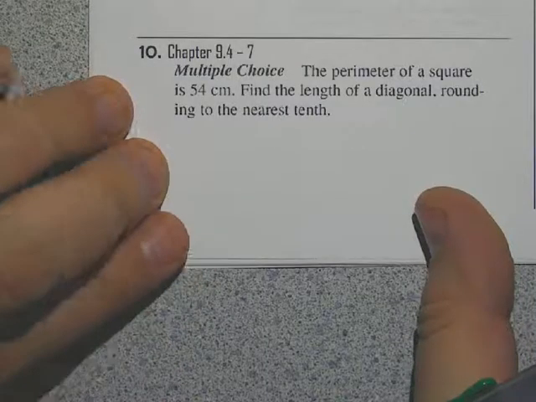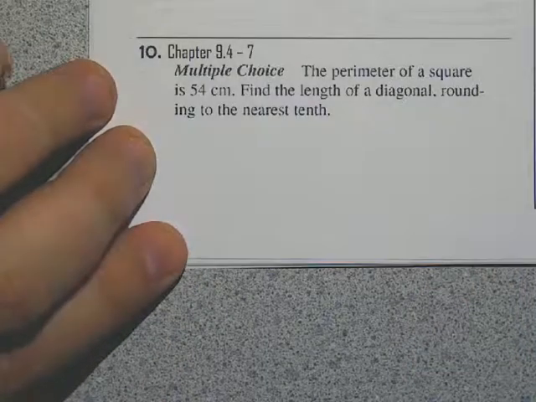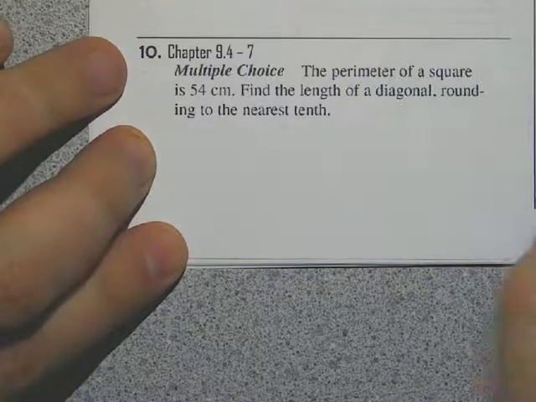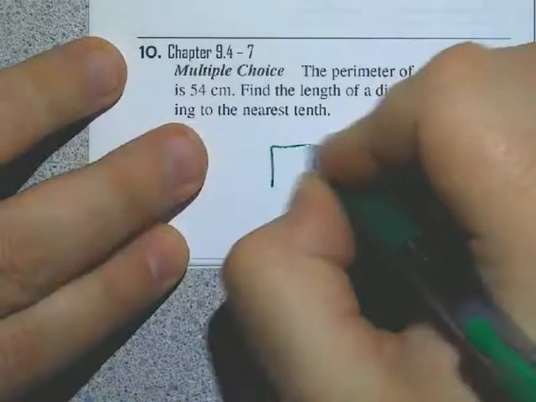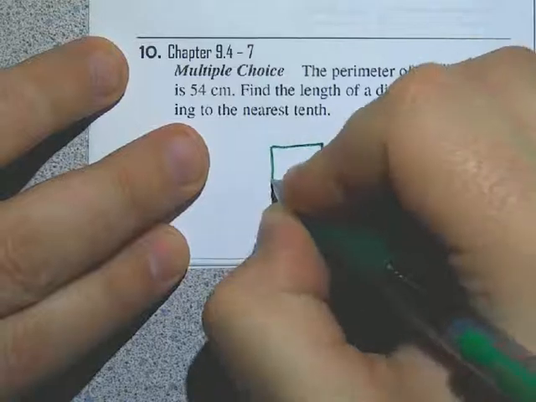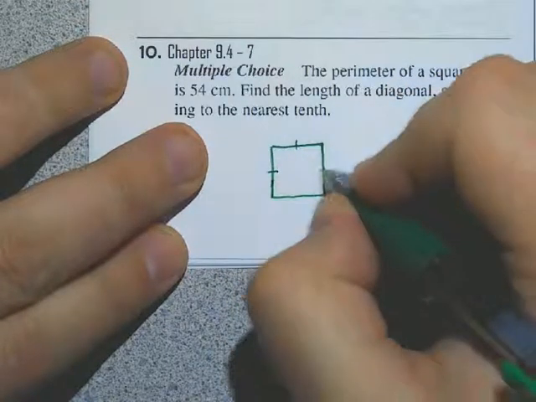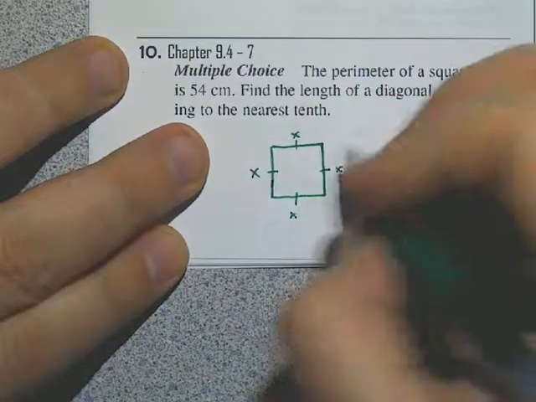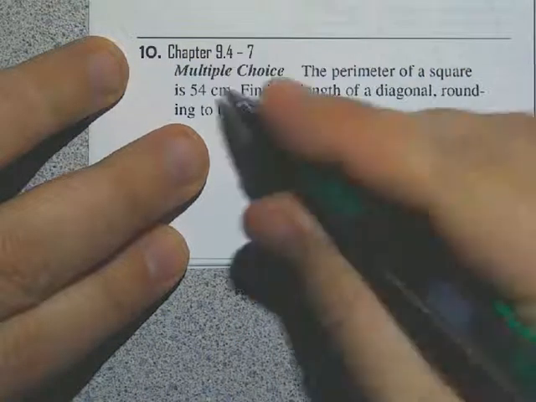Number 10. Find the length of a diagonal. Okay, so if I've got a square, and I know that whatever this side is x, okay, and those x's add together to be 54.